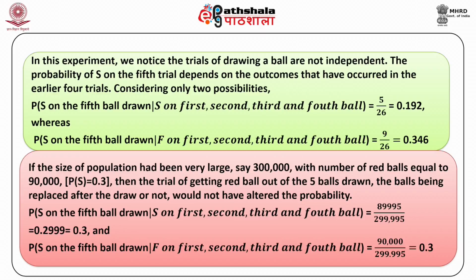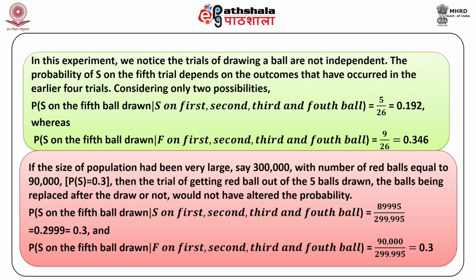Considering only the two following possibilities: probability of S on the fifth ball drawn given S on the first, second, third and fourth ball is equal to 5 upon 26, which is 0.192. Whereas probability of S on the fifth ball drawn given F on the first, second, third and fourth ball is equal to 9 upon 26, which is equal to 0.346.